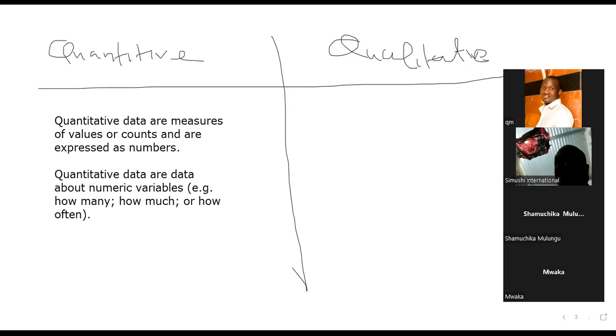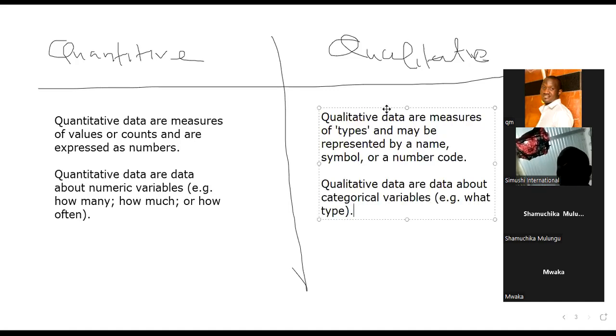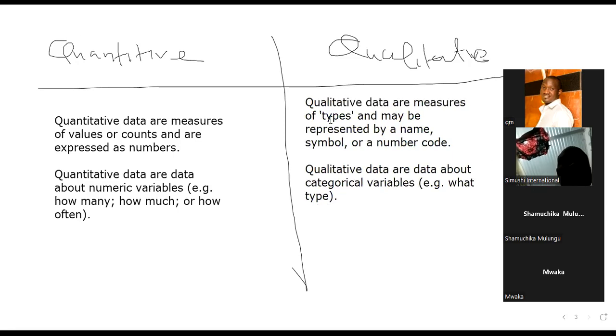When we're dealing with qualitative, we're looking at measures of types, and these may be represented by a name, by a symbol, by a number code. So they're mainly about categories of variables.